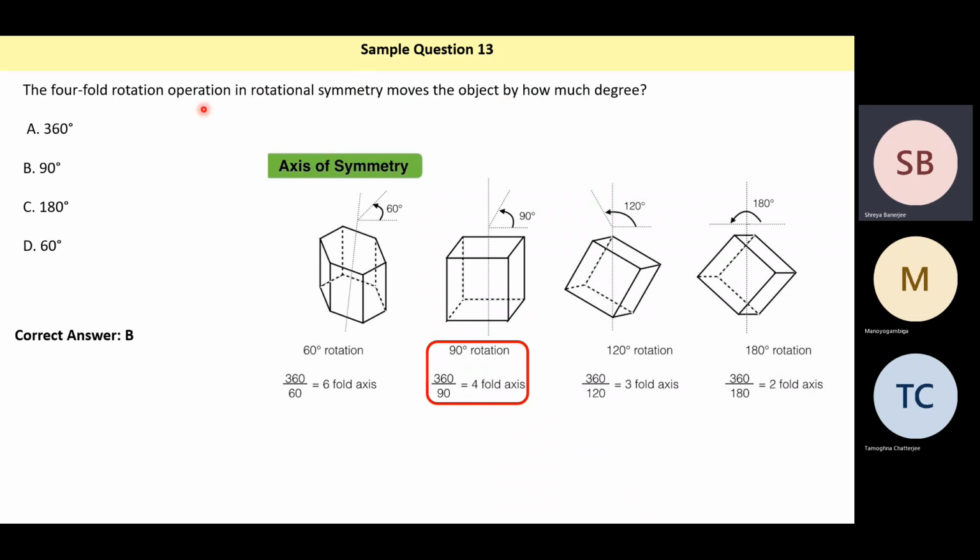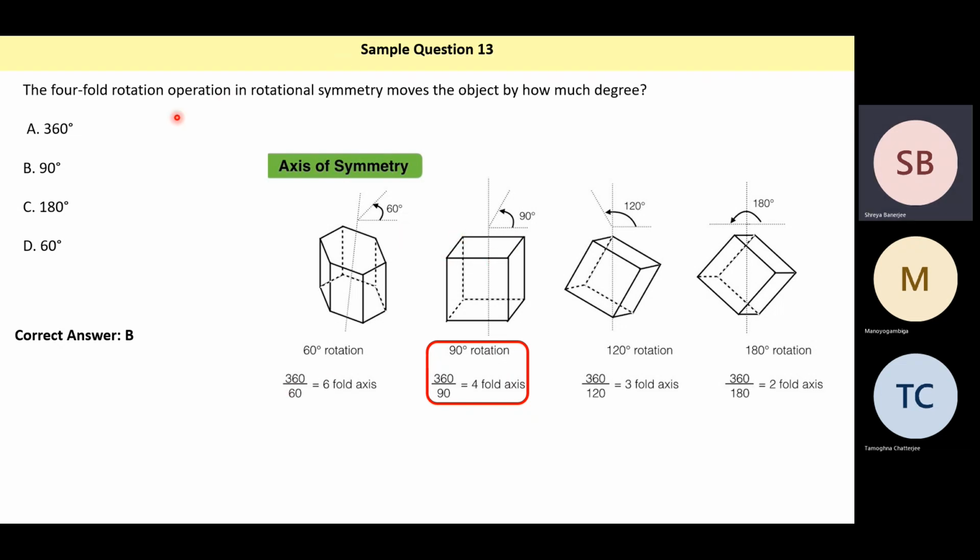So if 4-fold is mentioned, you can divide 360 by 4 and you will get the total degrees by which it is turned, which is 90 degrees. So here in the cube, you can see it has 4-fold symmetry because if you turn it around this axis passing through the middle, by 90 degrees, then it is unchanged.